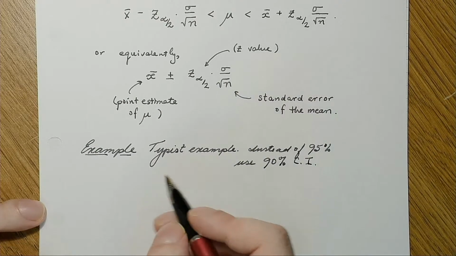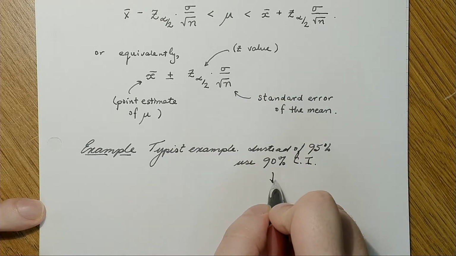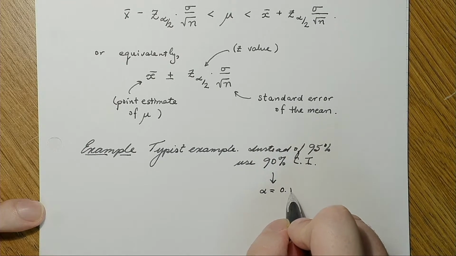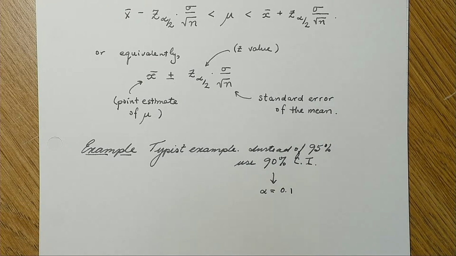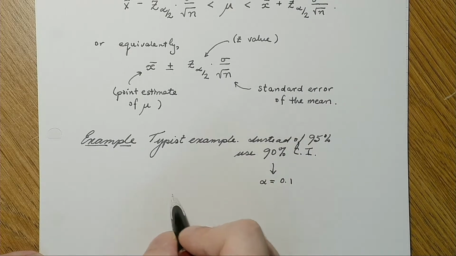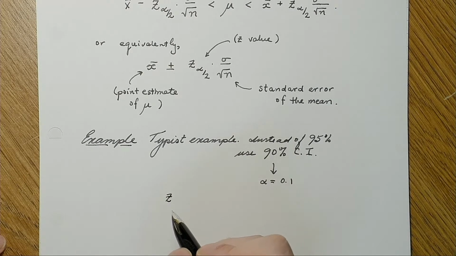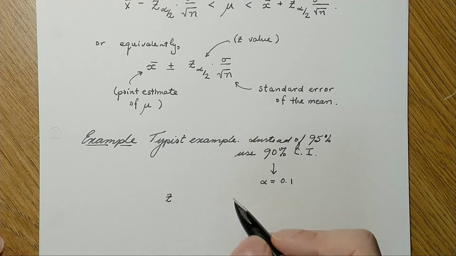So what that means is that alpha is equal to 0.1, and that z value, we need to have 90%.